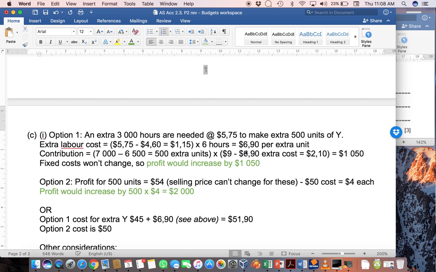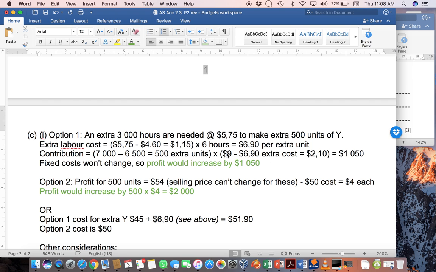So $1.15 extra times the 6 hours per unit means that there's going to be an extra cost of $6.90 per unit. I need an extra 500 units, which is the difference between the budgeted 7,000 and the 6,500 that I'm able to make.